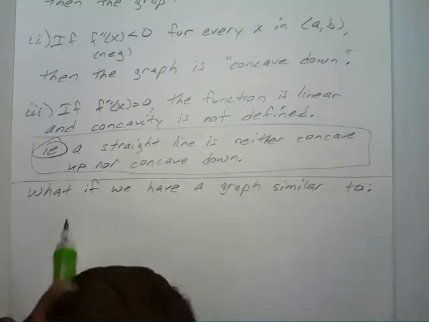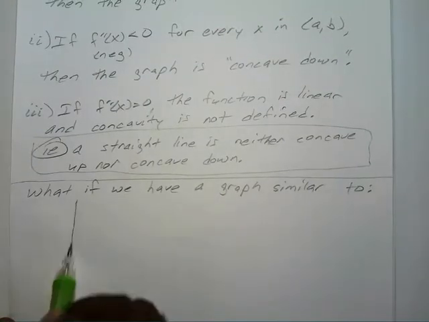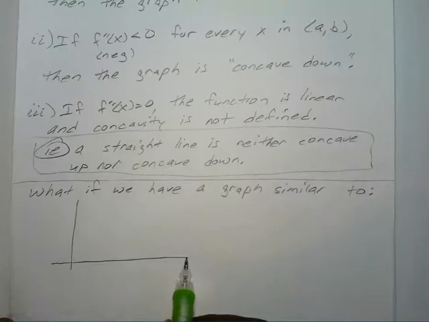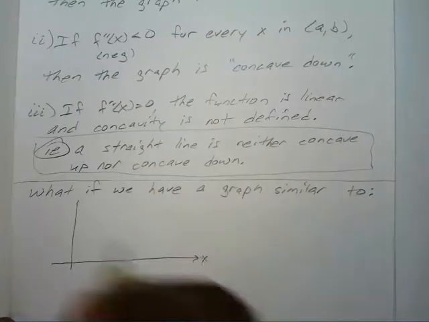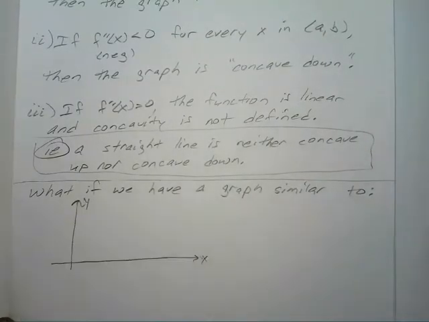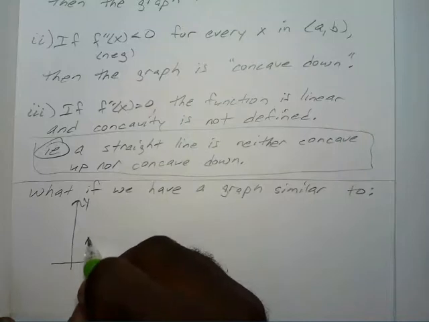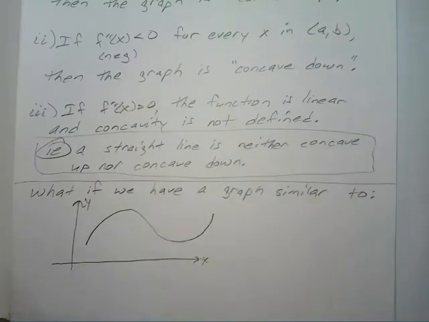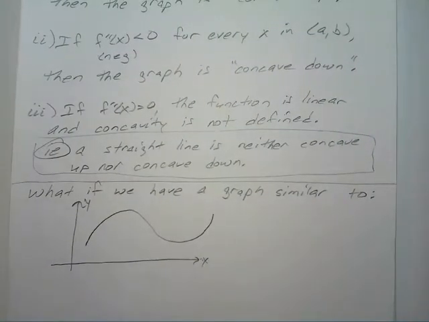So let's say we have our X and Y axis, and our graph looks somewhat like this. Okay, so you have a concave up and concave down. How do we know exactly where one ends and one begins?